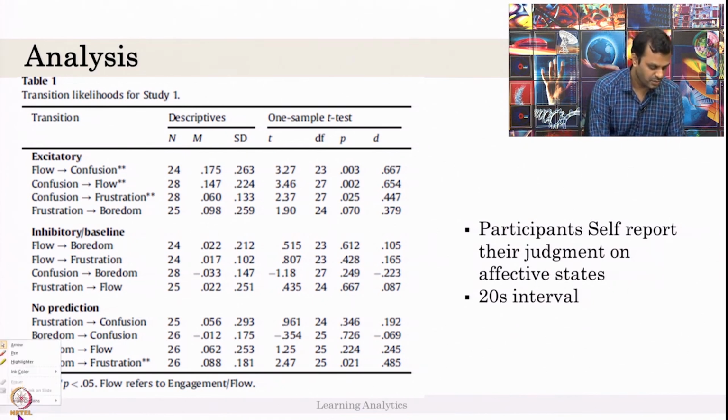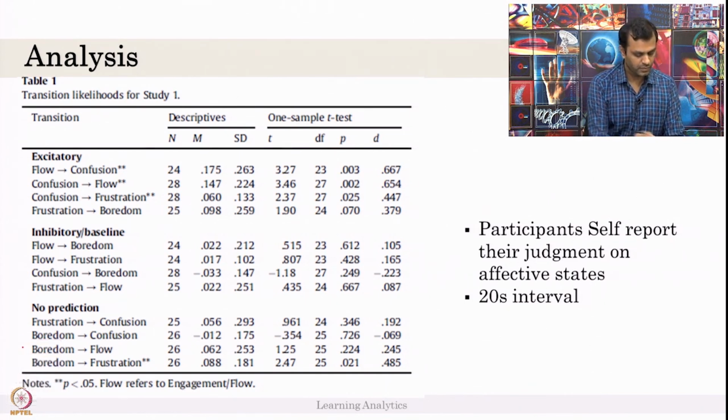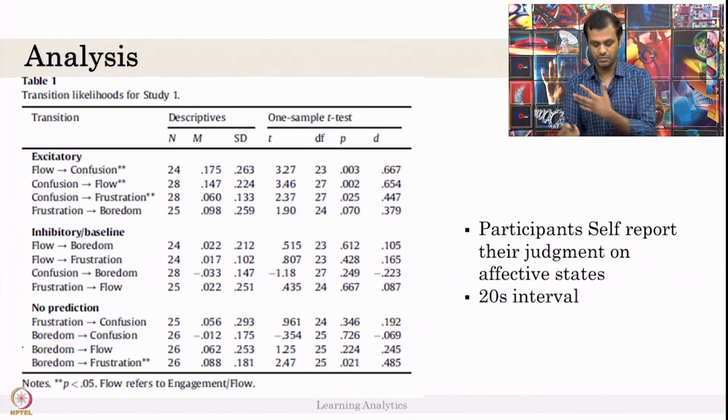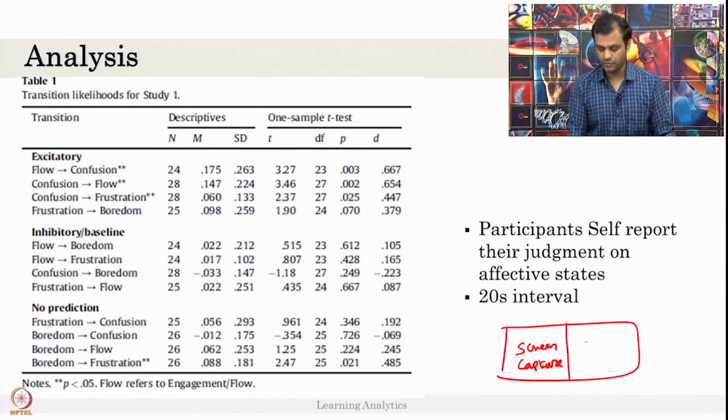What I mean is, after the student has interacted with the system, you show two screens. One is the screen capture, and one is the student's facial expressions, the webcam image.